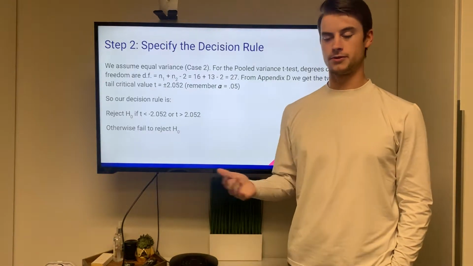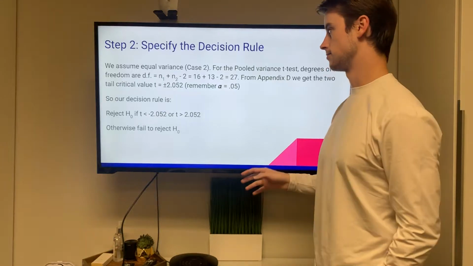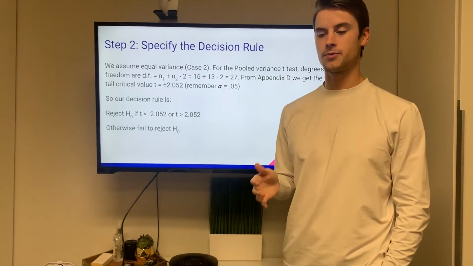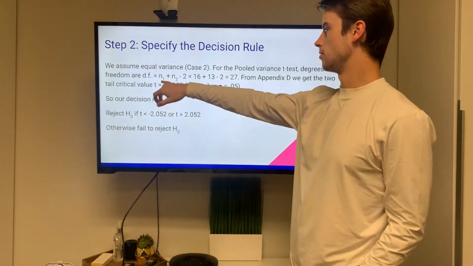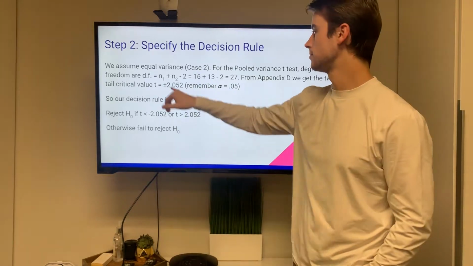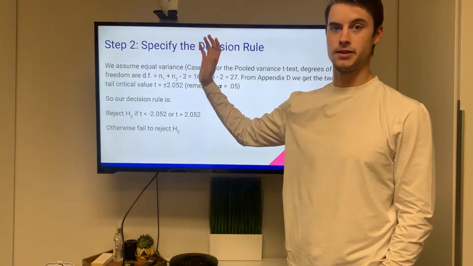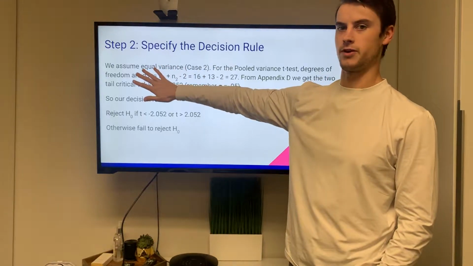So step two, we did step one, state the hypothesis. Step two is we specify the decision rule, okay? How do we know if we need to reject the null hypothesis? Well, this is what this is, right? So step two is we can assume an equal variance. It told me that in the problem. It obviously didn't tell you in the way I wrote it down, but we're assuming equal variance here, okay?